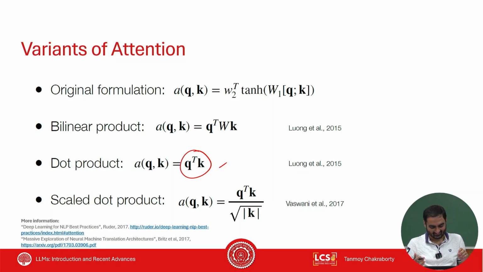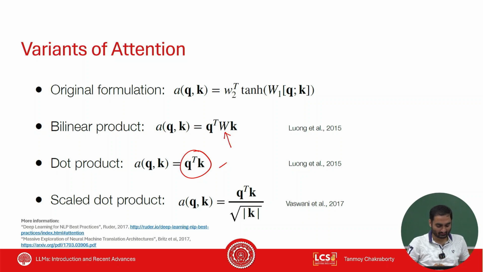So you can also add a parameter between the query and the value. You can pass the query to a parameter matrix, and you can also pass the value through the same parameter matrix. It's basically a bilinear product, and then it will generate some vector.